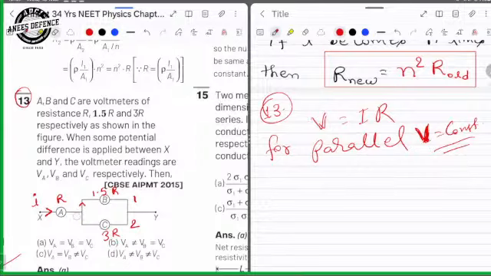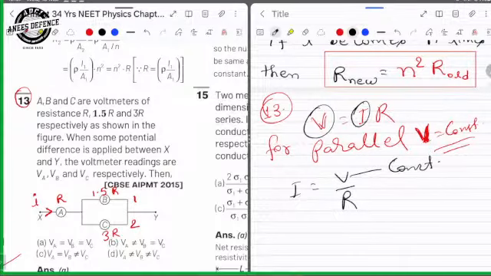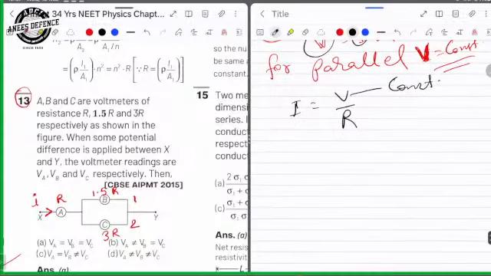Now listen carefully. If voltage is constant, current is equal to V by R and V is constant. So what is the relation between current and resistance?